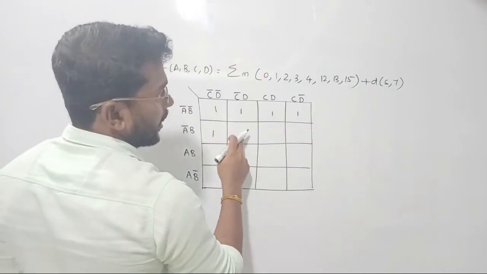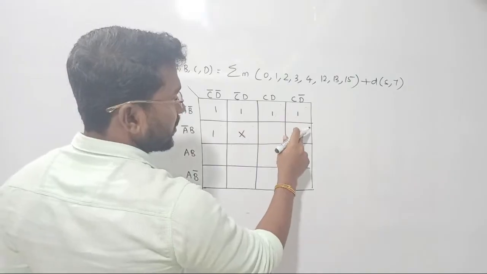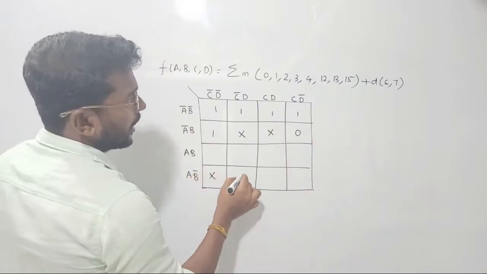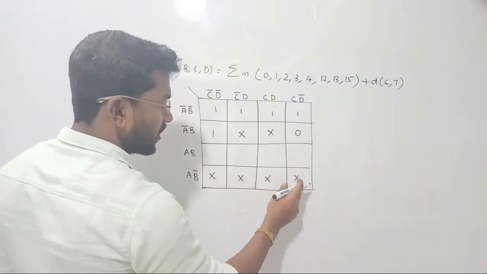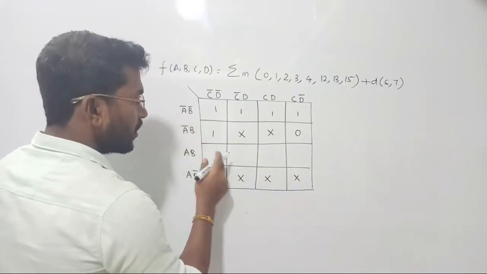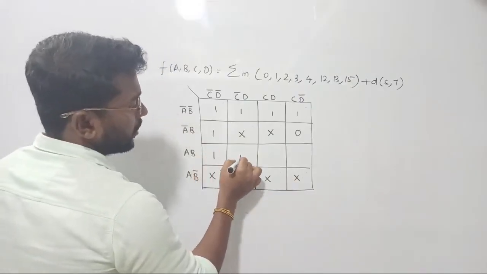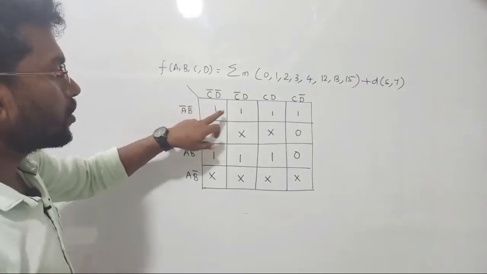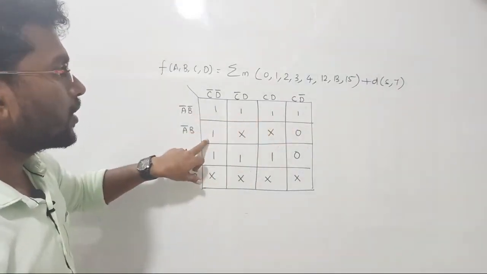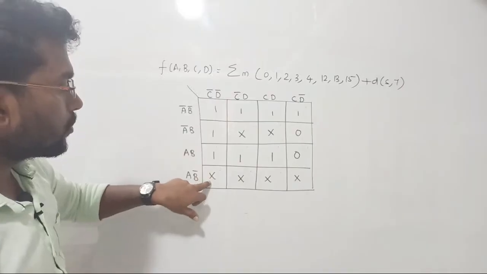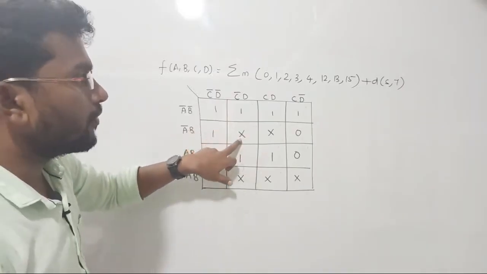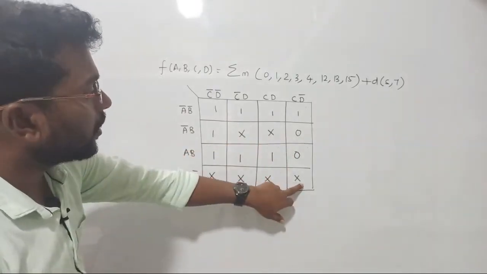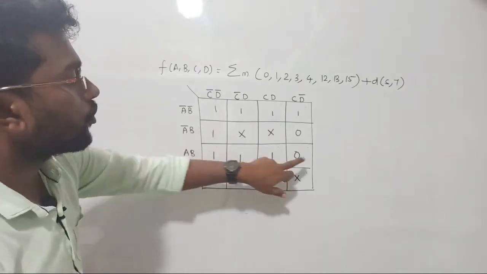And then 5 is not there, 5 has don't care, 6 none, 7 has don't care. Then 8 no, 9 no, 10 no, 11 no, that is actually 11 is here, 10 is here. And then 12 yes, 13 yes, 14 no, 15 yes. Am I correct? 0, 1, 2, 3, 4, 5 don't care, 6 no, 7 don't care, and then 8 no, 9, 10, 11, 12 is there, 13 is there, 14 is not there, 15 is there.